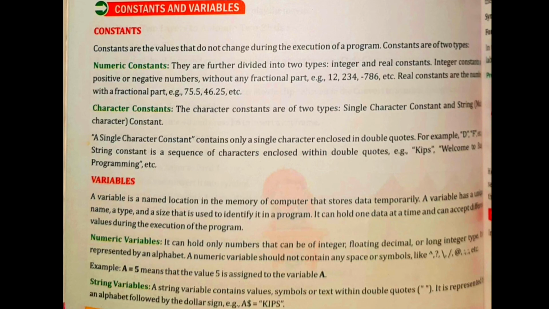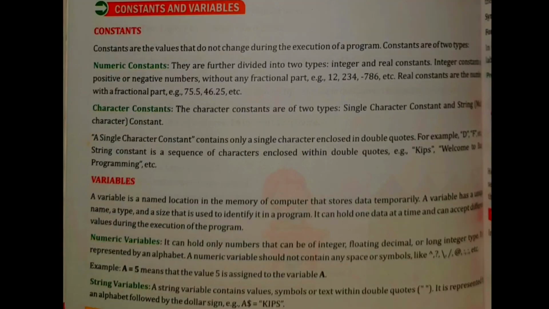I have already shown you the format, in what way you will write down the variables and constants, whether it is a numeric variable or string variable, or whether it is a numeric constant or character constant. Hope it is very much clear to you, children. Thank you very much.